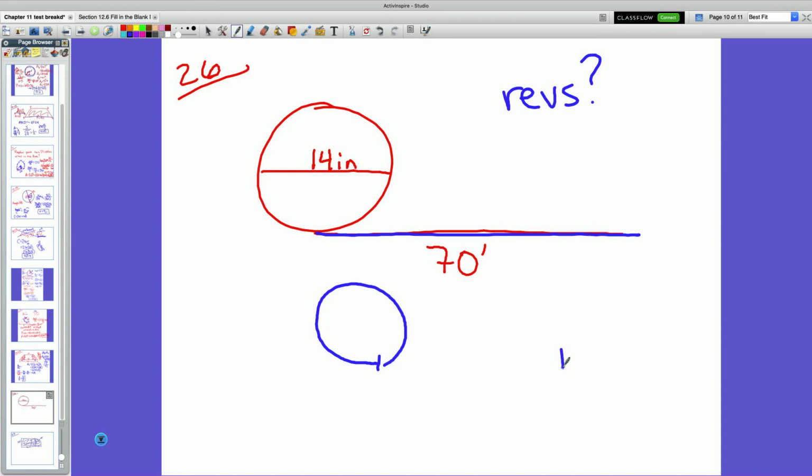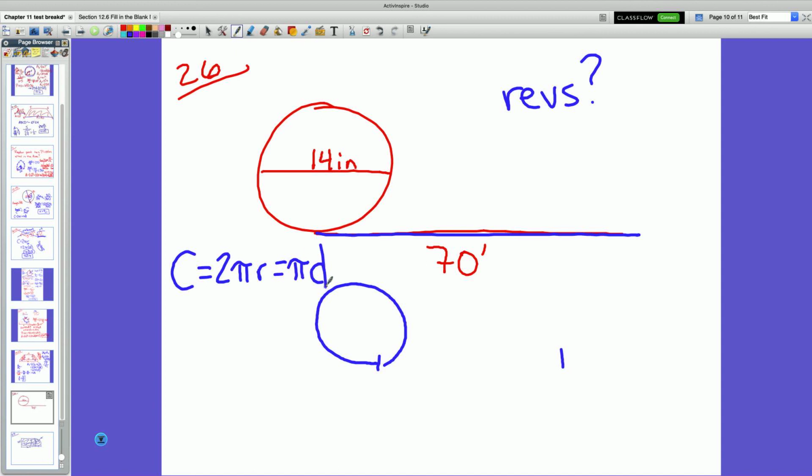I can't really picture that, right? But you stretch it out, it goes so far. And so really you want to know how many circumferences. So I need to find circumference of this circle. So circumference is equal to 2 pi r or pi d, which in this case it gives me the diameter.